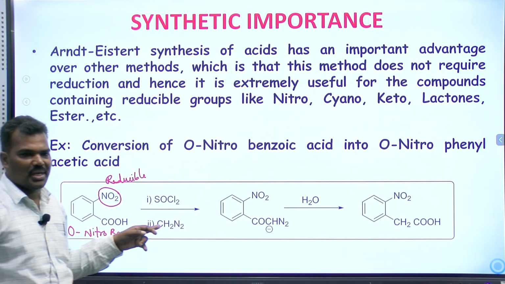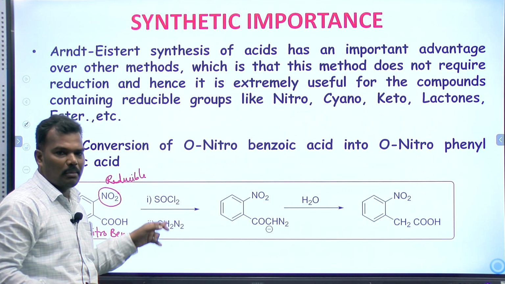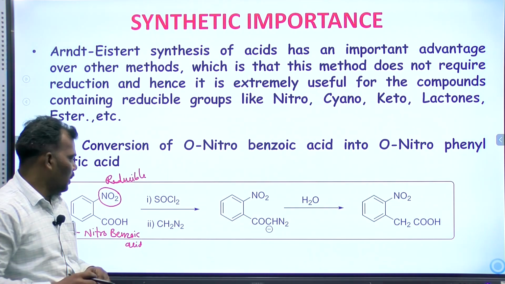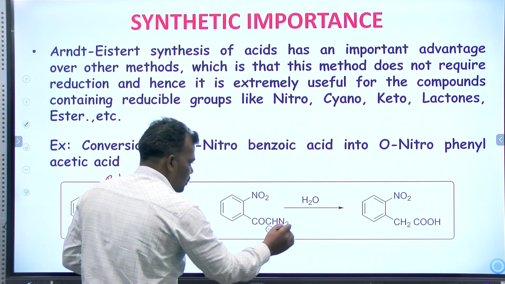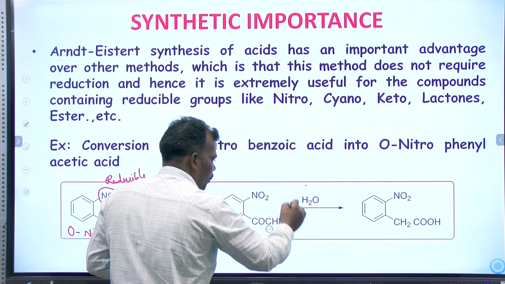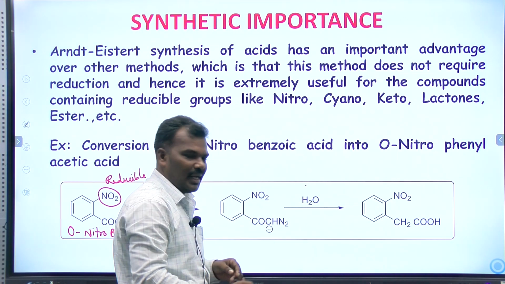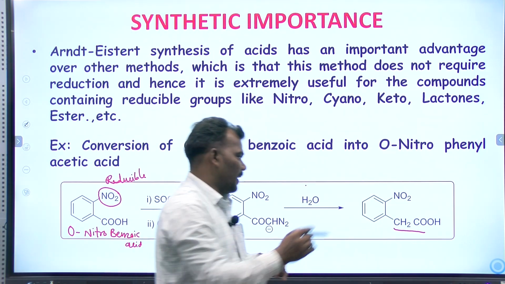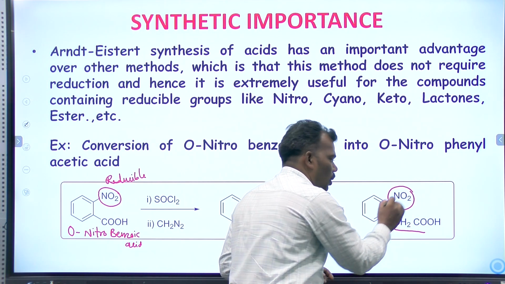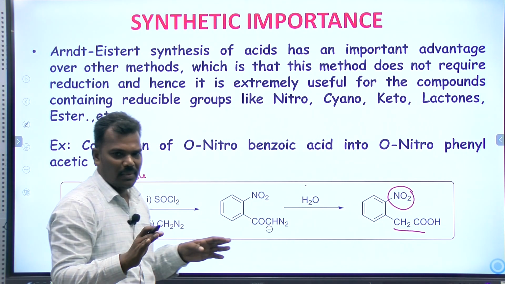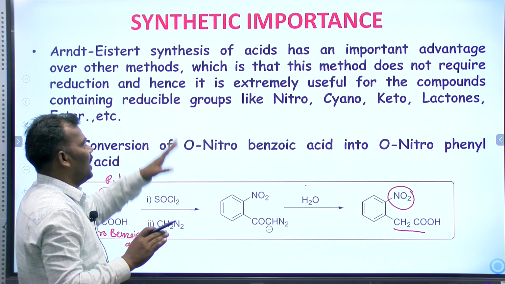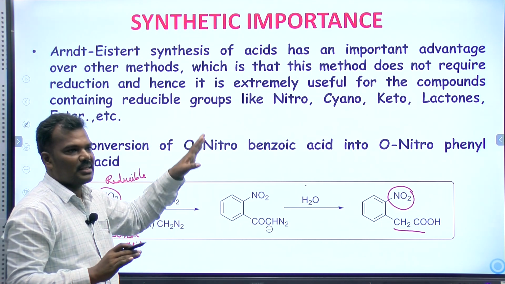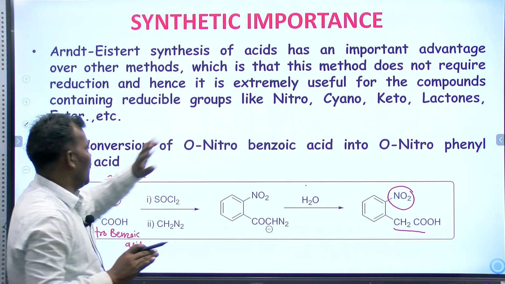On reaction with thionyl chloride followed by diazomethane, and then reaction with water, the homologated carboxylic acid is formed, but the NO2 group is not reduced in any case. This is a very important synthetic application of the Arndt-Eistert reaction.